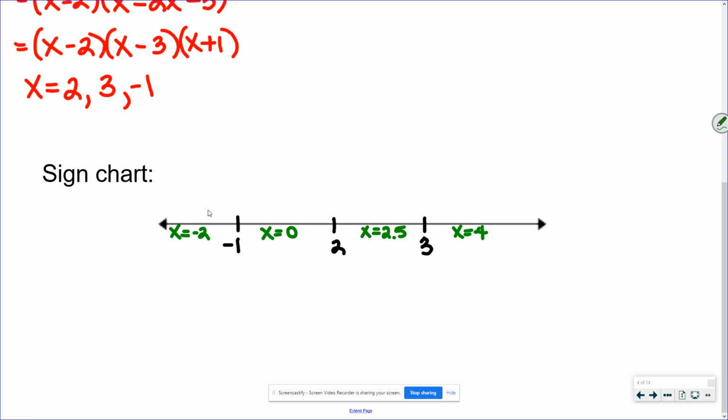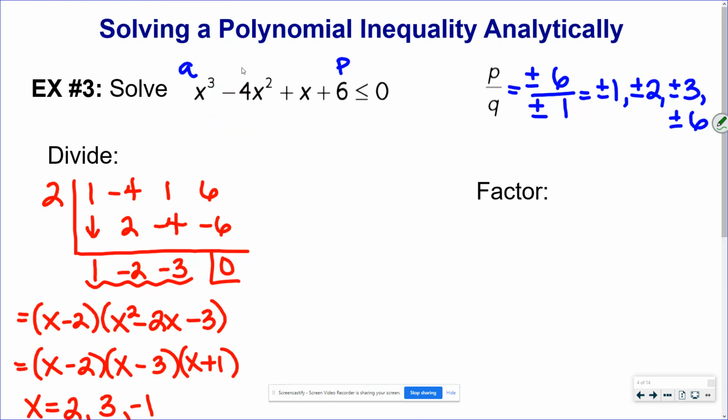So what I found when I plugged my numbers in is that this was negative, then positive, negative, then positive. Okay, go back to your answer and read the question again. This is asking, when is the polynomial less than or equal to 0, which means when is the polynomial negative?